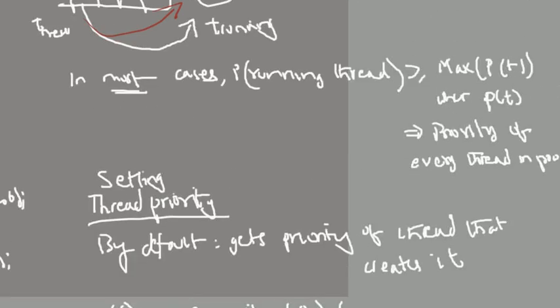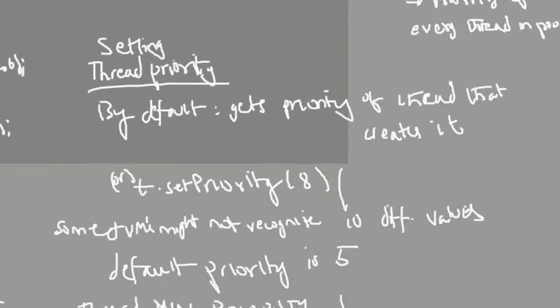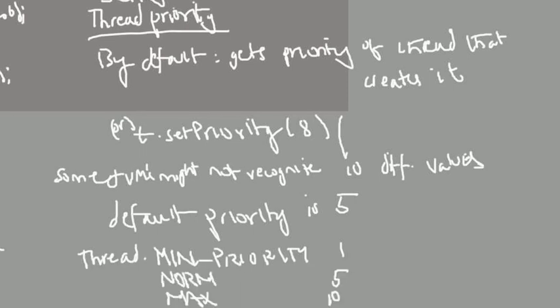We can also set thread priority. By default, a thread gets the priority of the thread that creates it. Or you could do t.setPriority(). This is an instance method, you need to invoke this on a specific thread. By default the priority is 5.